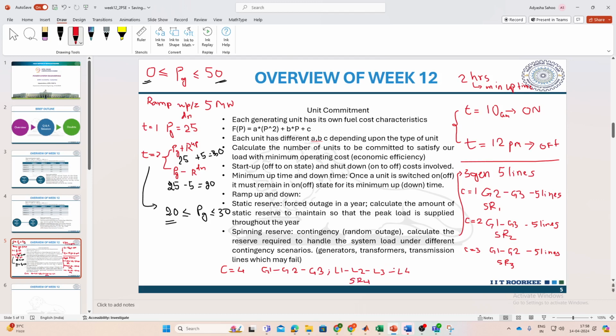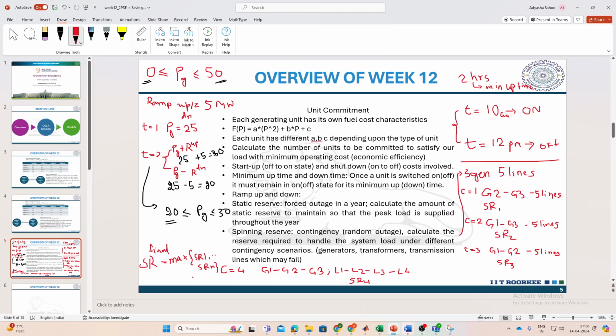So similarly we'll calculate when there is a contingency for line 4, 3, 2 and 1, and in each case we'll calculate the spinning reserve. So the final spinning reserve that you keep for this system is the maximum of the spinning reserve required in each scenario. So maximum of SR1, 2, 3, 4, etc. up to SRN.